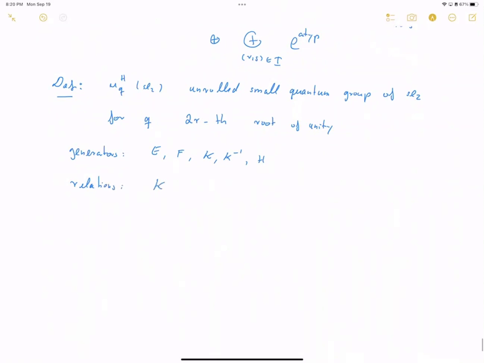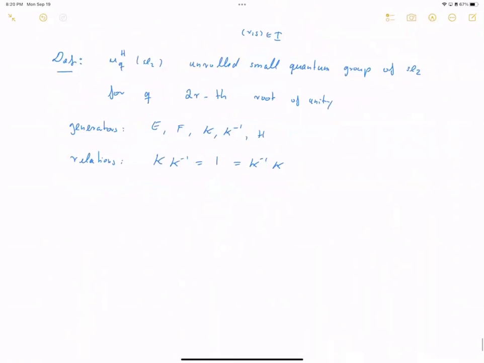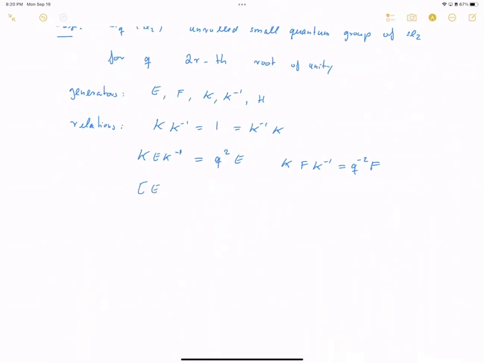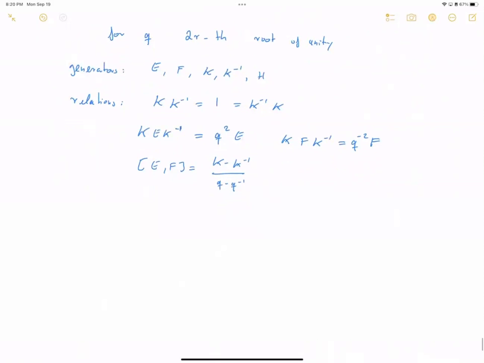The symbol K inverse of course indicates that K inverse times K acts as the identity on anything. If you conjugate E with K, that is the same as multiplying E with q squared. Similar for F, just that you have a q to the minus 2. And then the commutator of E and F is given by the expression K minus K inverse divided by q minus q inverse.